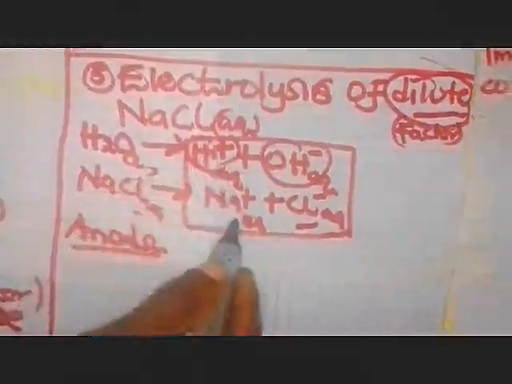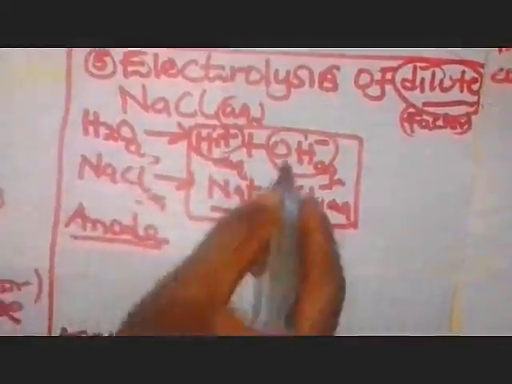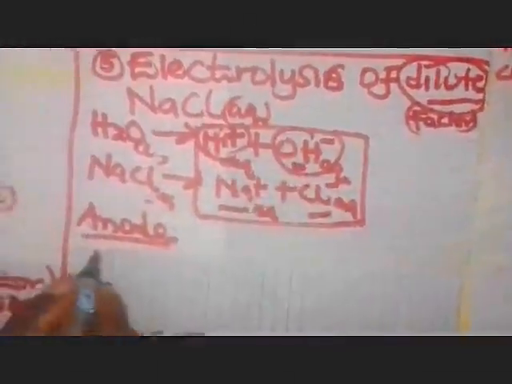The hydrogen ions are more than the sodium. So at the anode, we are going to take the hydroxyls, which are highly concentrated. They become discharged. When they become discharged, don't forget we get water plus oxygen plus our 4 electrons. We balance it like that.